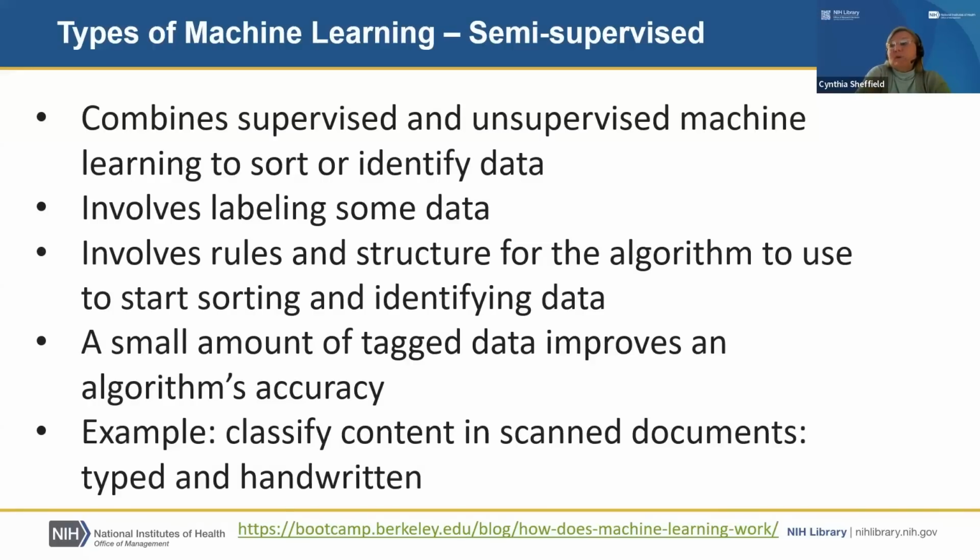Using a small amount of tagged data in this way can significantly improve an algorithm's accuracy. A common application of semi-supervised learning is to classify content in scanned documents, both typed and handwritten.